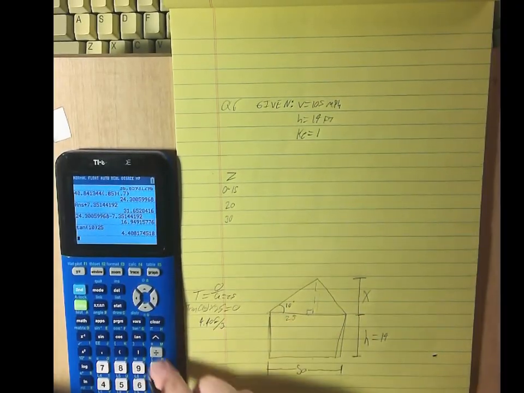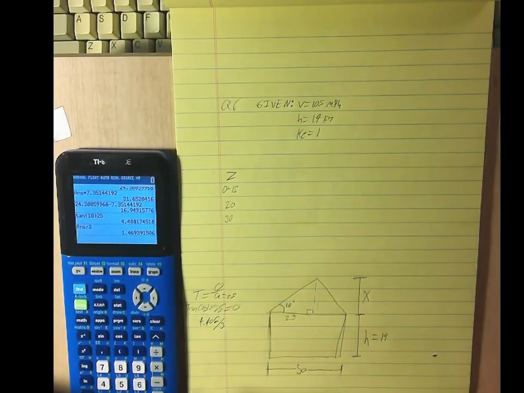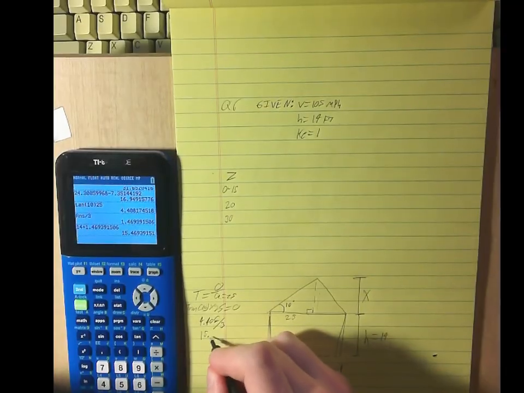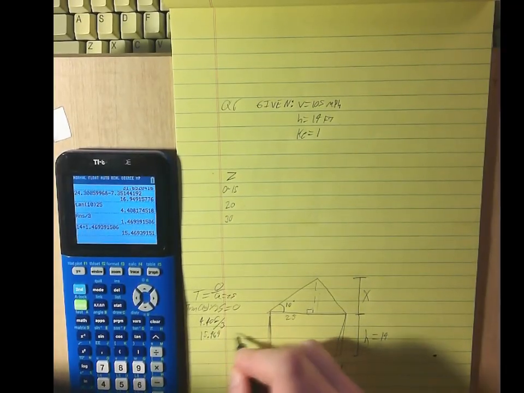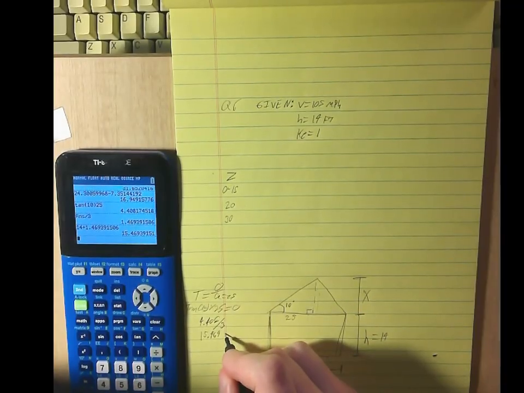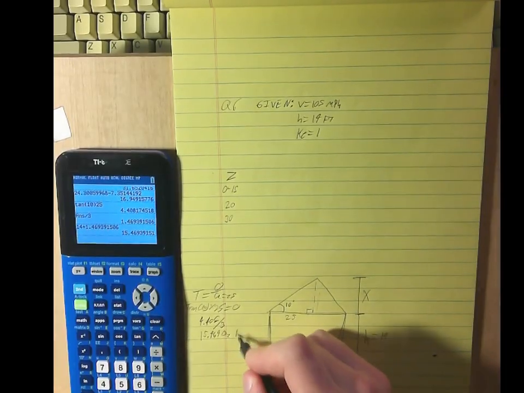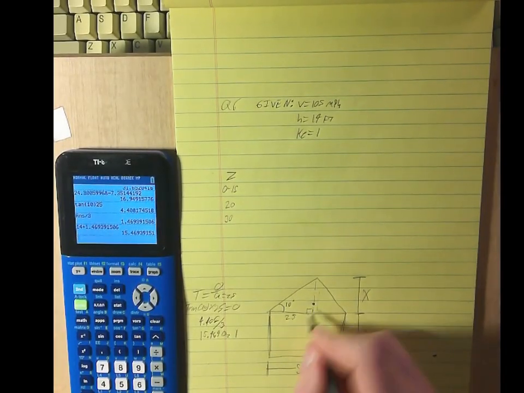Divide this by 3. We're going to add this 14 plus this, which is going to be 15.469 is our QZ, I guess. I don't know if that would actually be our QZ, but this is just going to be our maximum height to the centroid here.